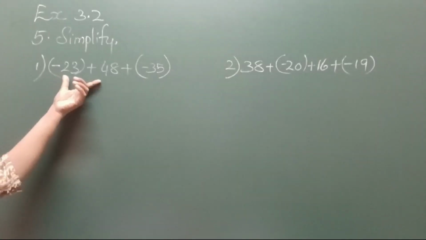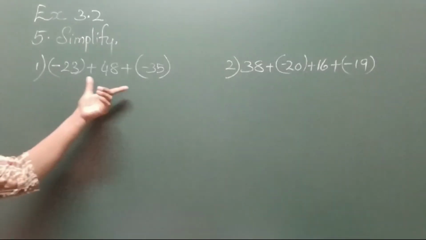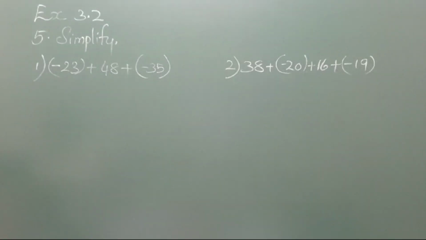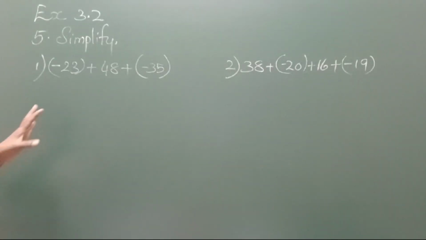Here there are two different kinds of integers, and there are three numbers given, and we have to simplify this. How to simplify? If a question like this comes, first you have to see whether the integers are negative or positive.